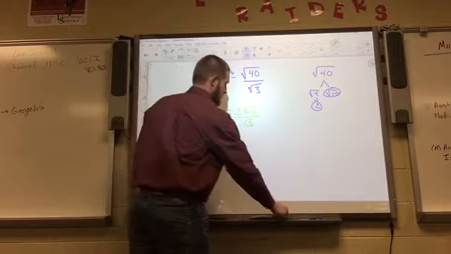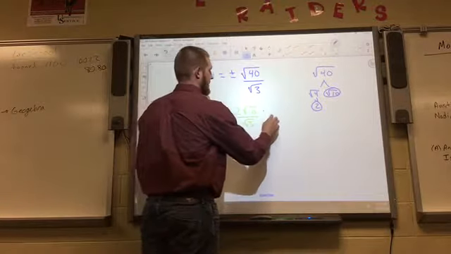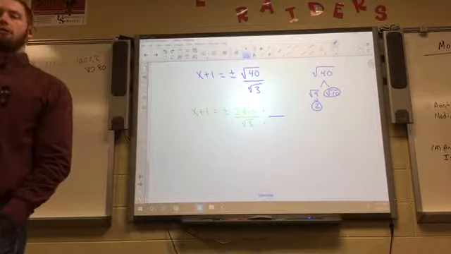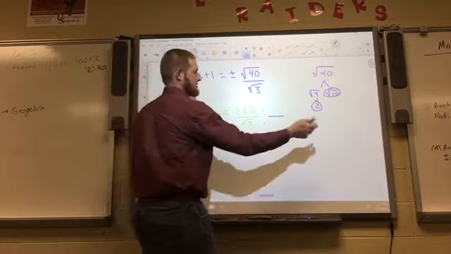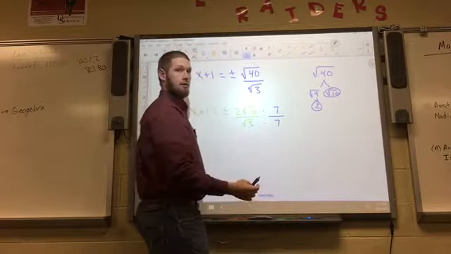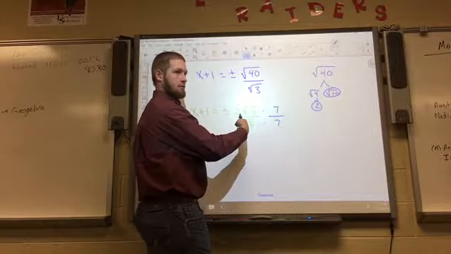To do that, I'm going to multiply the top and the bottom by the exact same number. Because if I do the same number on top and bottom, let's say it's 7 and 7, isn't that just 1? So I'd be multiplying by 1, but it's going to look a lot different, correct? Are you with me?